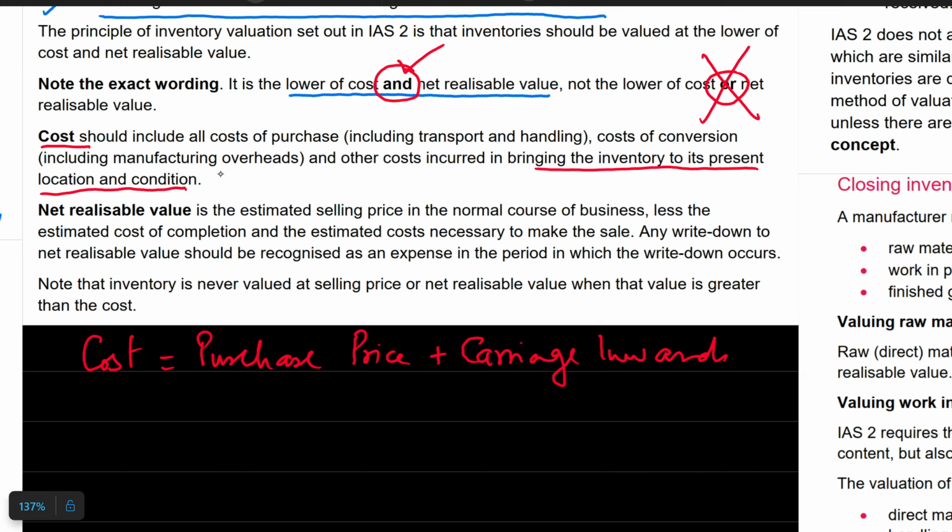We can say any cost incurred on inventory to convert it into saleable condition will be included in its cost. Normally in a CAI question only two costs are given, purchase price and carriage inward. So if we add carriage inward to purchase price, we will get the cost of an inventory.